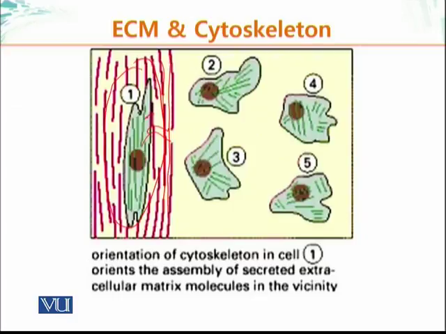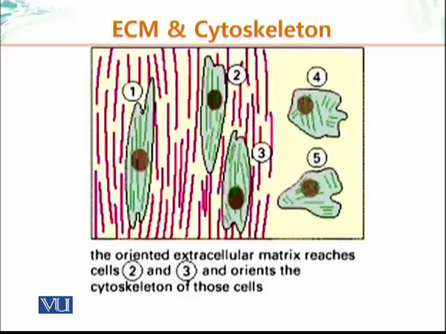When the other cells, for example cell number 2 and cell number 3, come in contact with the ECM deposited by cell number 1, they will interact with this ECM, and as you will see in the next slide, their cytoskeletal elements will also line up in the same orientation as the ECM molecules.